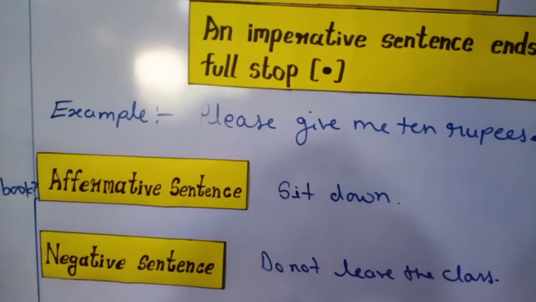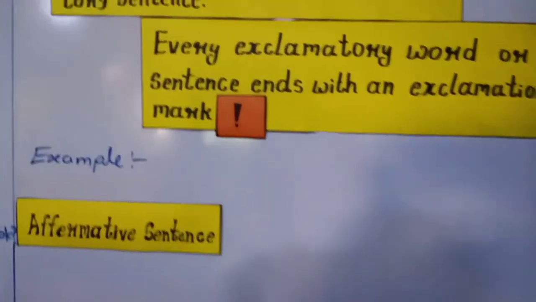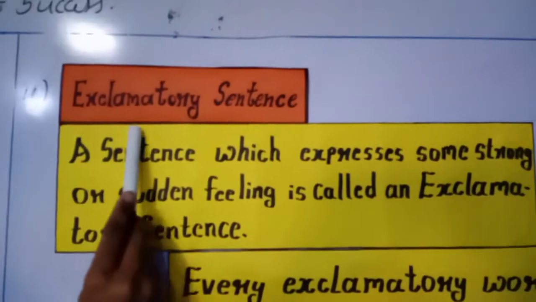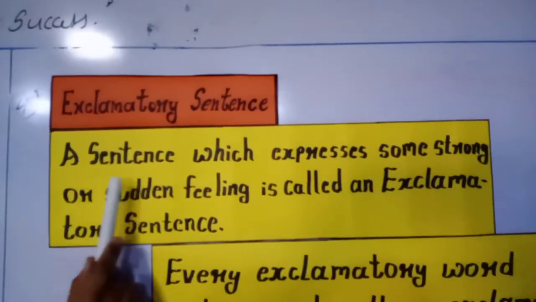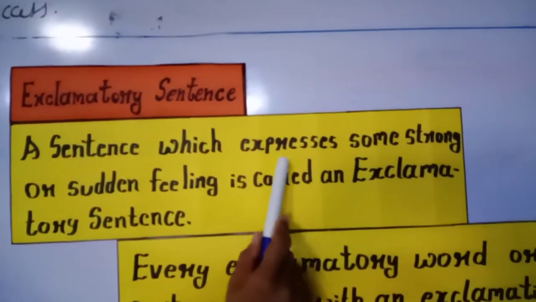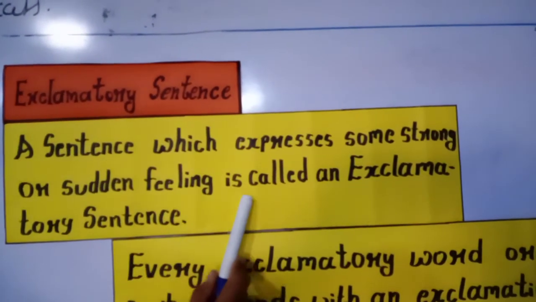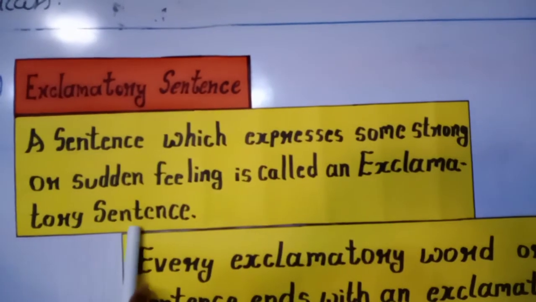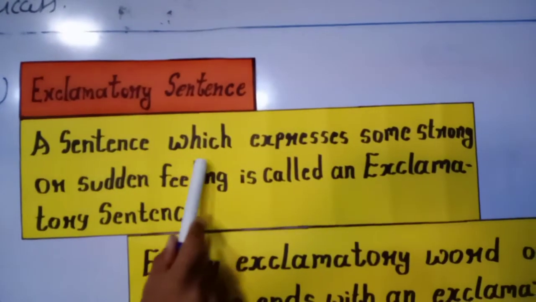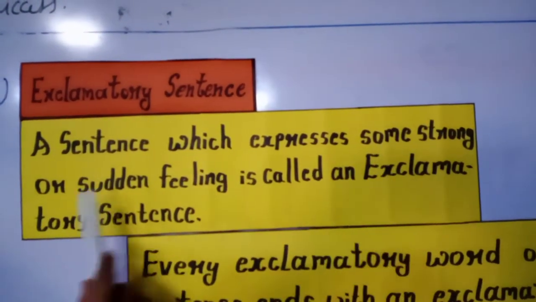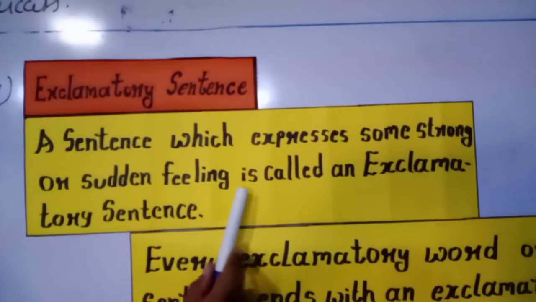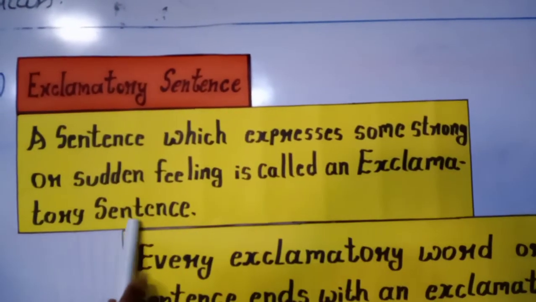Now the next one is exclamatory sentence. A sentence which expresses some strong or sudden feeling is called an exclamatory sentence. Once again, a sentence which expresses some strong or sudden feeling is called an exclamatory sentence.